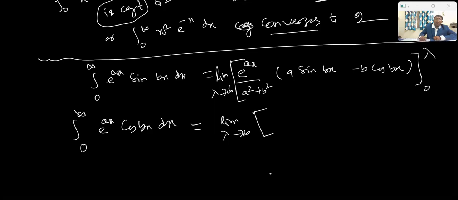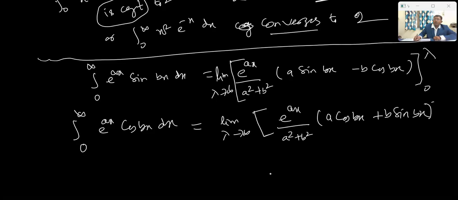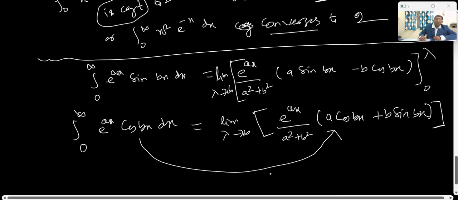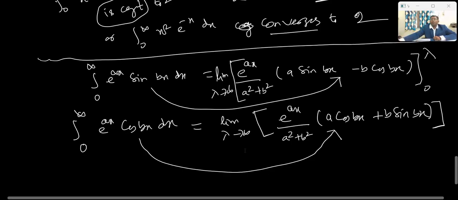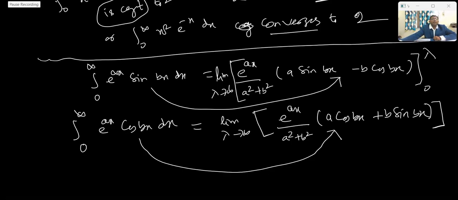The formula is e to the power ax by a square plus b square, times a cos bx plus b sin bx, right? My intention is only to say the formula. So this formula will help you for direct evaluation of the integral.